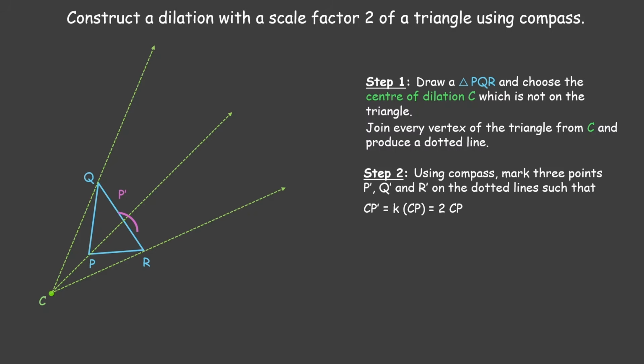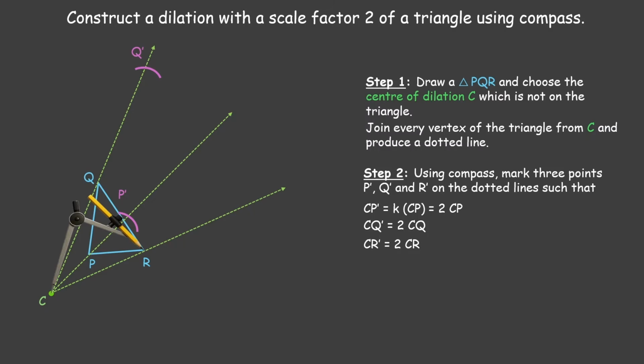Now we also need CQ dash and CR dash, which are again twice the size of CQ and CR respectively. So we repeat the process. Keep the compass needle at C to measure CQ, then keep it as it is at Q and make an arc. Call this Q dash. Same process for CR.